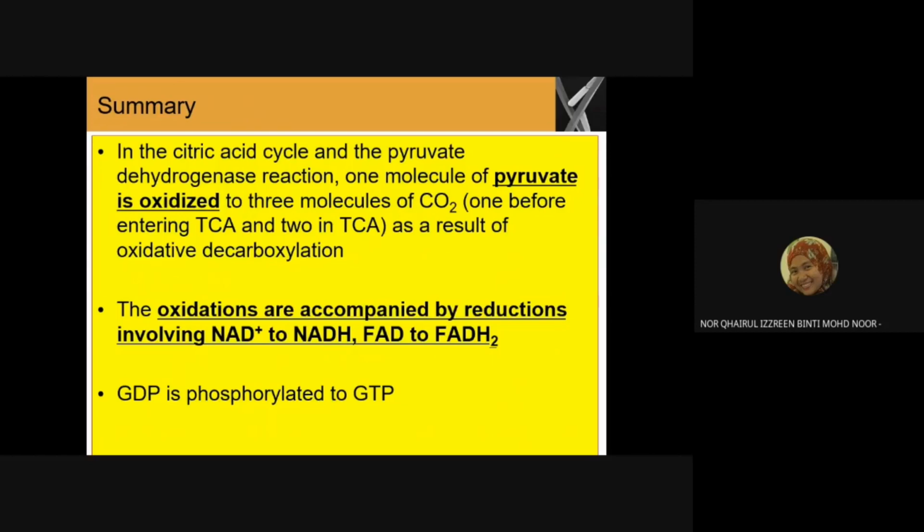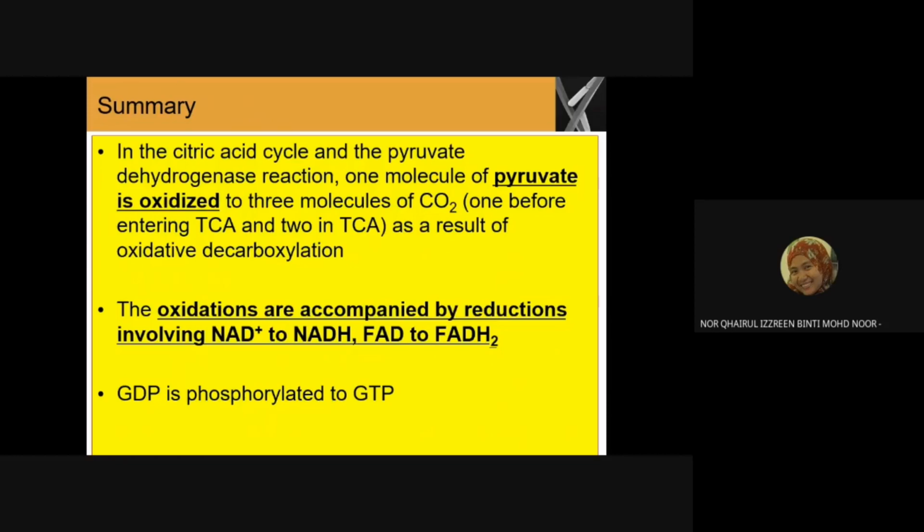To summarize everything, in the TCA cycle and pyruvate dehydrogenase reaction, 1 molecule of pyruvate is oxidized to 3 molecules of carbon dioxide. This includes 1 molecule before entering the TCA cycle and 2 in the TCA cycle itself as a result of oxidative decarboxylation.